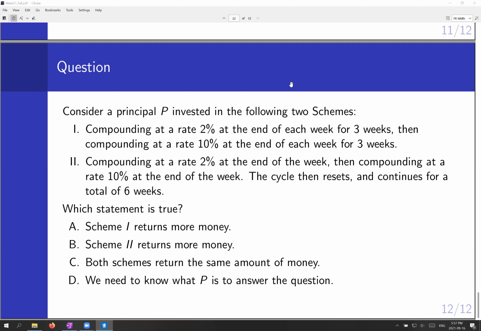Is it a wrong approach to make up a value for P and solve it? I would say that's okay. It's a good problem solving technique to say, listen, if there's a bunch of abstract things here, maybe let me make them concrete and try to sort it out. If that helps you figure it out, by all means, that's totally a valid problem solving technique. But eventually we do want to graduate to the point where we understand why it works for an abstract P. So maybe that's our stretch goal.